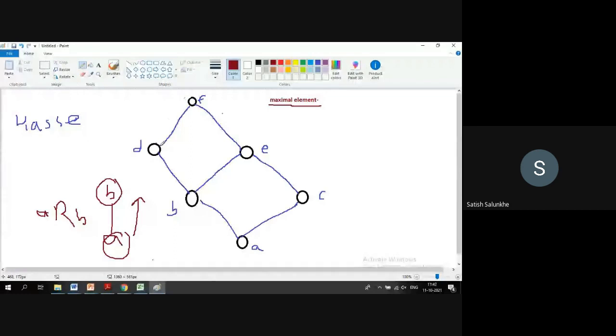Yes, sir. Sir, B. I want to know. It is that maximal element such that it is not related with anyone. So in this case, F is called maximal because it is not related with someone.